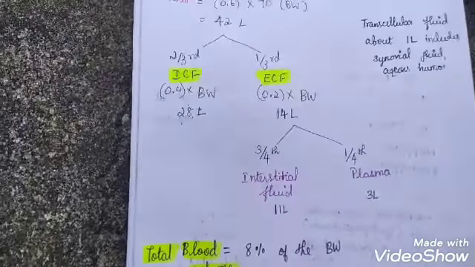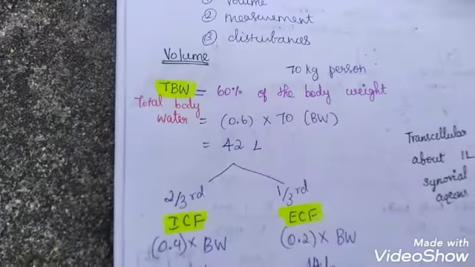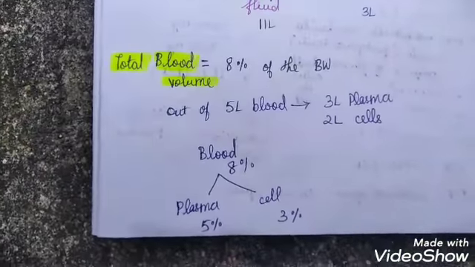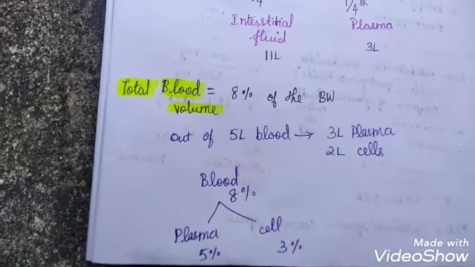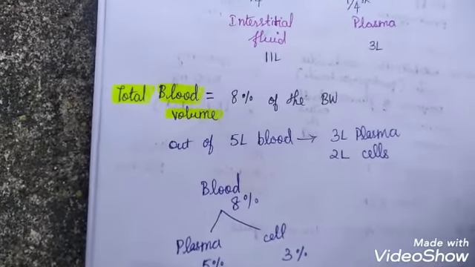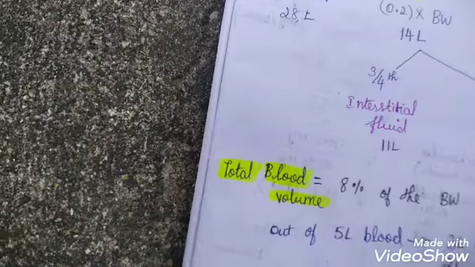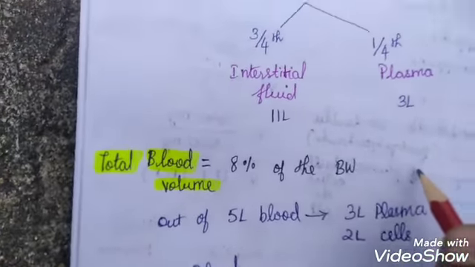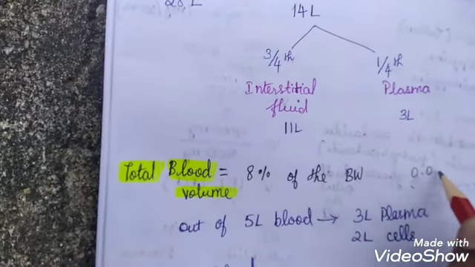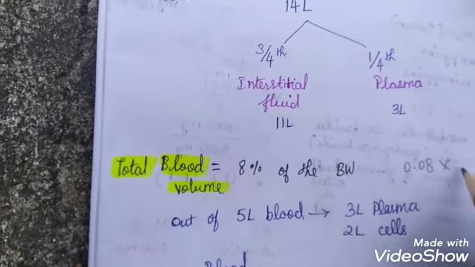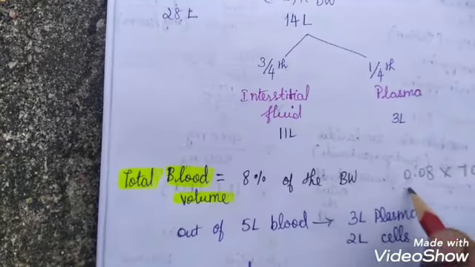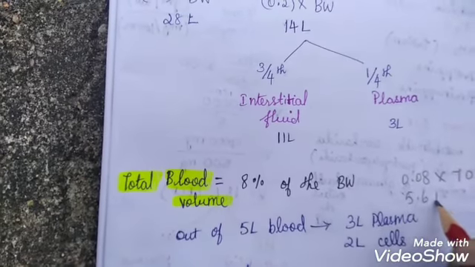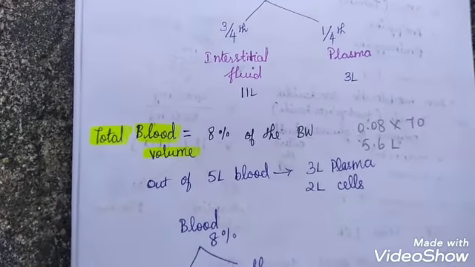So total body water is 60% of the body weight, and total blood volume is 8% of the body weight. So in a 70 kilogram healthy person, 0.08 into 70, roughly about 5.6 liters of blood.